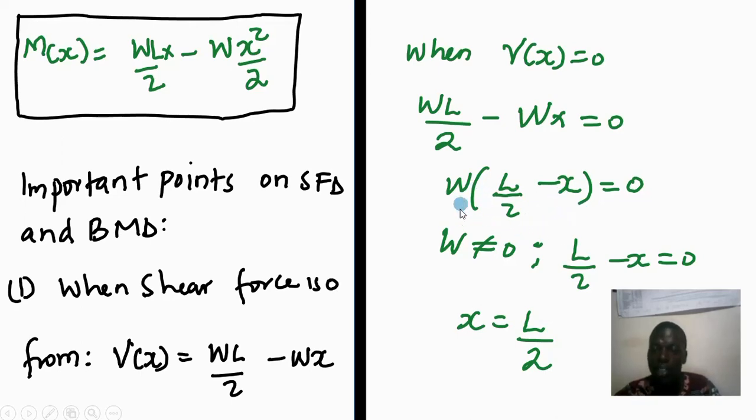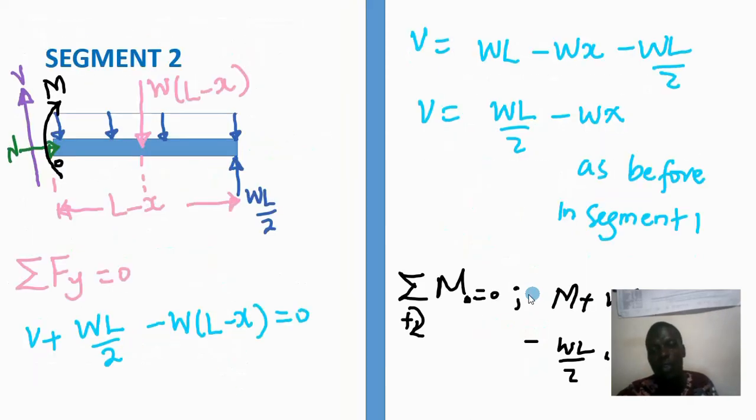Since W is the uniformly distributed load, it will never be equal to 0, but L out of 2 minus x can equal 0. So we find that the x value is going to be L out of 2, and this is the distance from A at which the shear force is going to be 0, and where the maximum bending moment is going to occur.